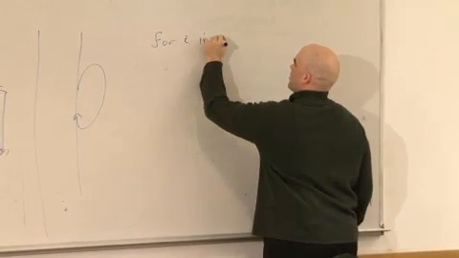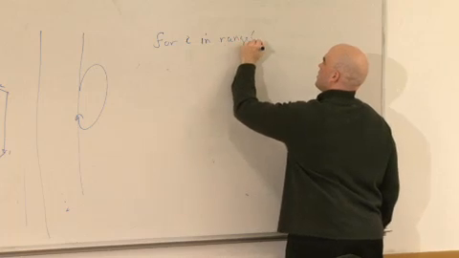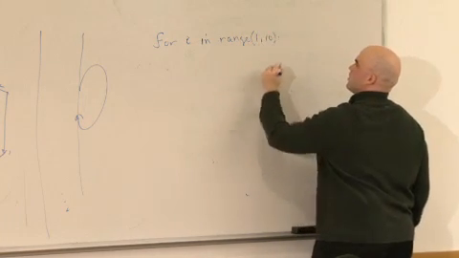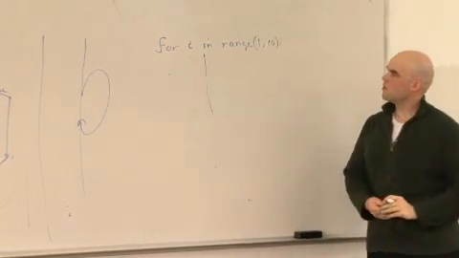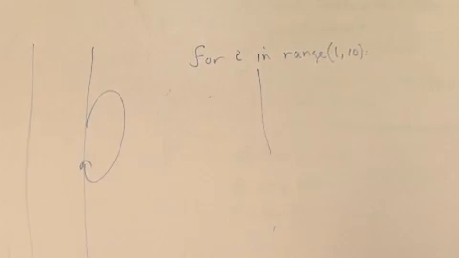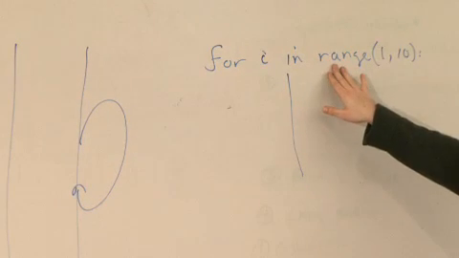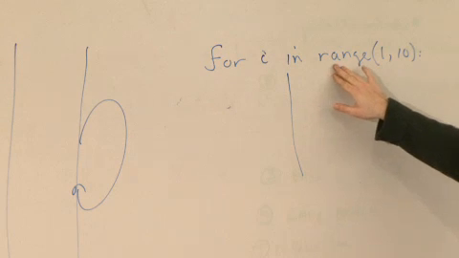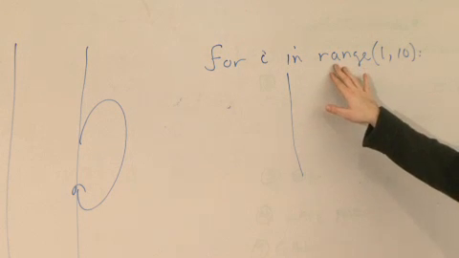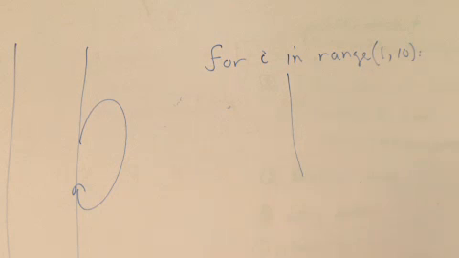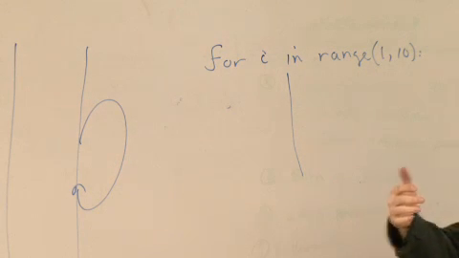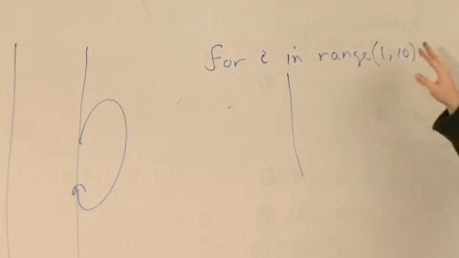So what this for loop does is it says, I'm going to take, this is the range function, so we'll talk about this a little bit later, but all it does is it gives me all the numbers from 1 to 9. It goes one past. But you don't need to know it just yet.